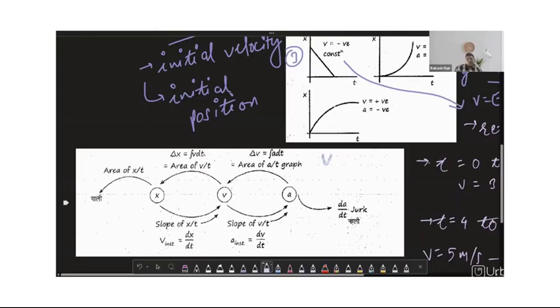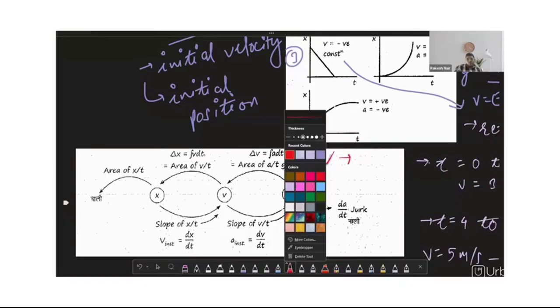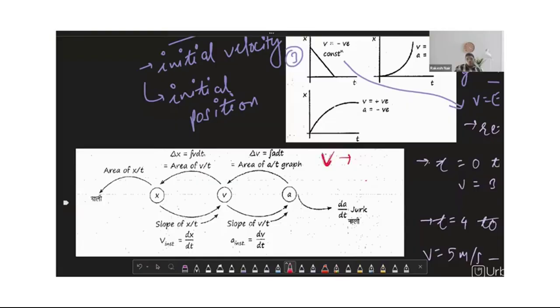Here V, X, and A. Velocity, position, acceleration.